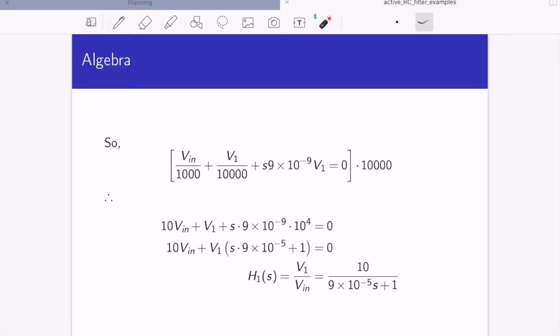And then we end up with 10 Vn equals V1 times 1 plus V1 times S times 9 times 10 to the minus 5th. You can then solve for that transfer function, which I'm calling H1 of S, V1 of S over Vn of S, and that will give us 10 over 9 times 10 to the minus 5th S plus 1.